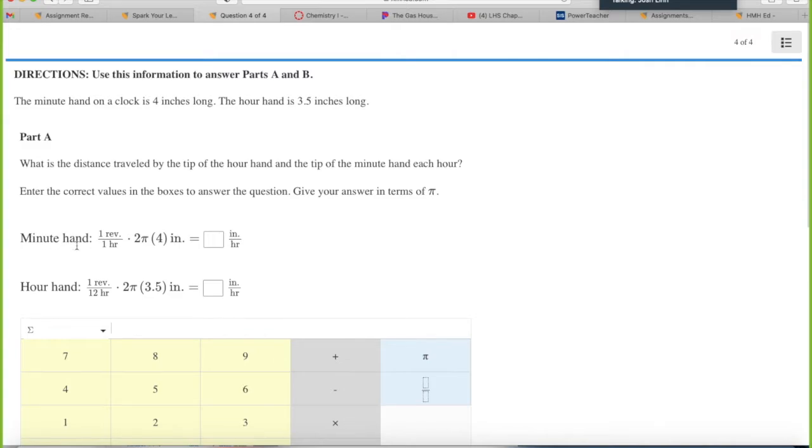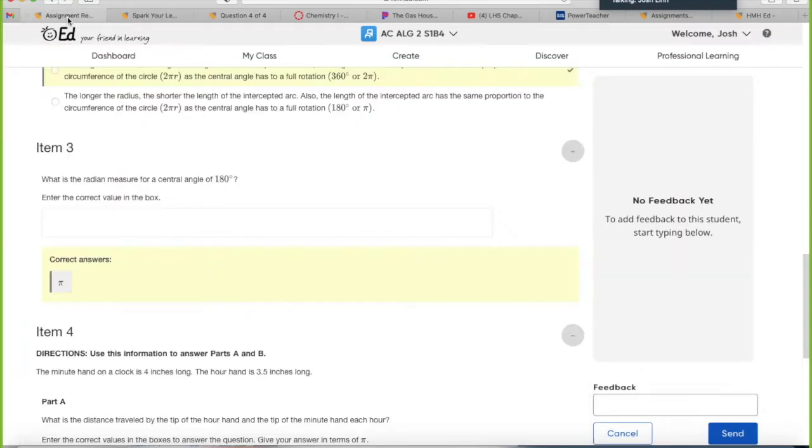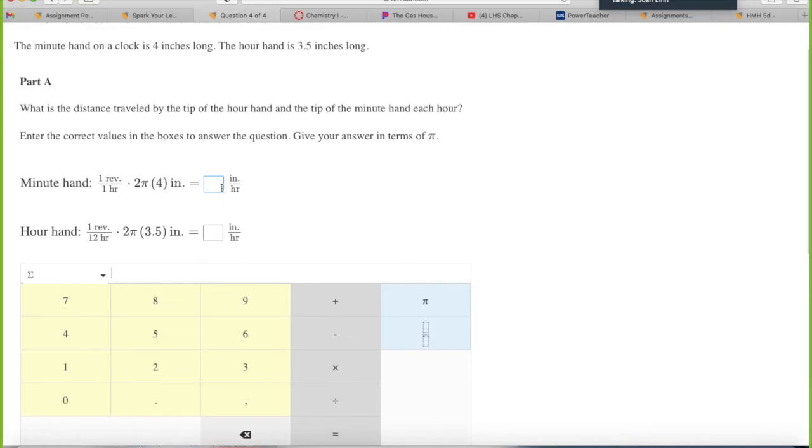So the minute hand is 1 revolution per hour times 2 pi r, where r is 4 inches long. They probably want a decimal there. Maybe not. Let me check. Nope, they want us to keep it in pi. So we'll keep pi in there. So this is going to be 8 pi.